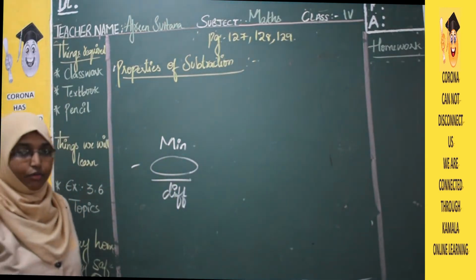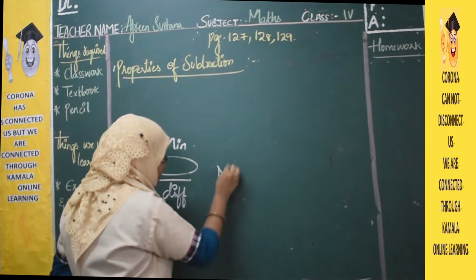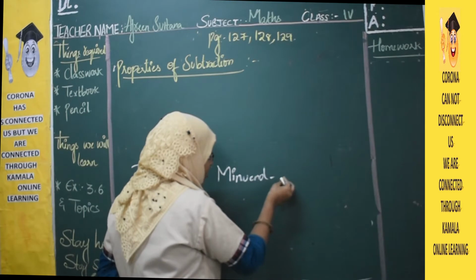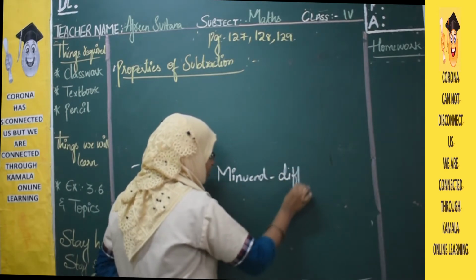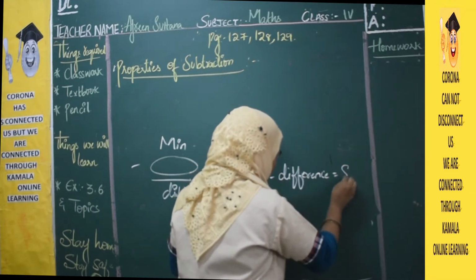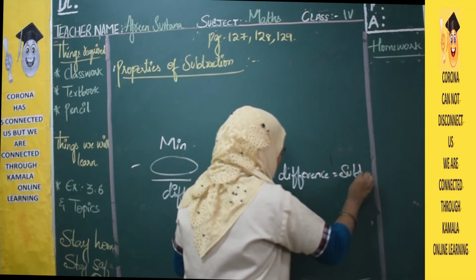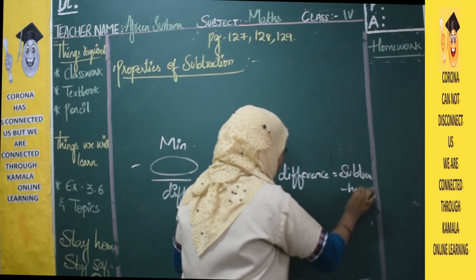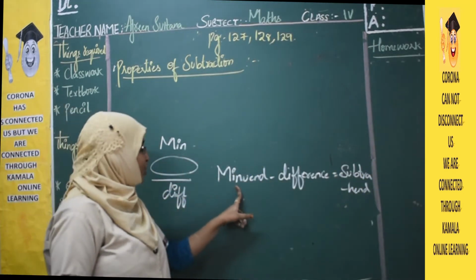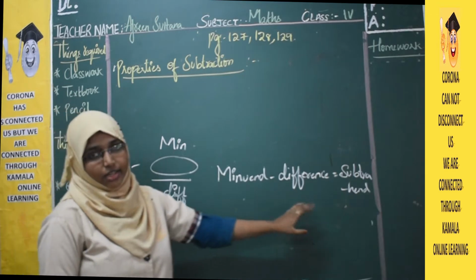How did we find it? We subtracted. To find the subtrahend, the formula is minuend minus difference. This is our answer. To find the subtrahend, we do minuend minus difference.